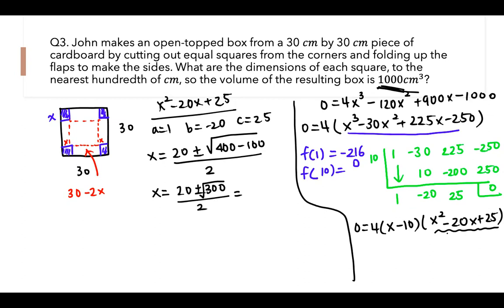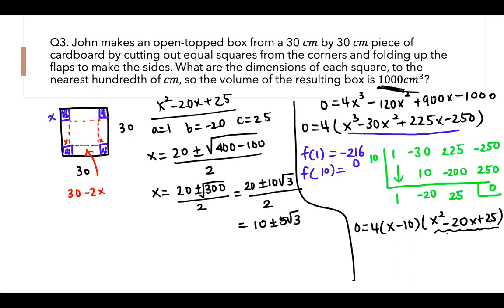I could simplify this further. So 20 plus or minus 10 root 3, because 10 times 10 is 100, which is a perfect square. And I could divide both terms by 2. So it's going to be 10 plus or minus 5 square root 3.